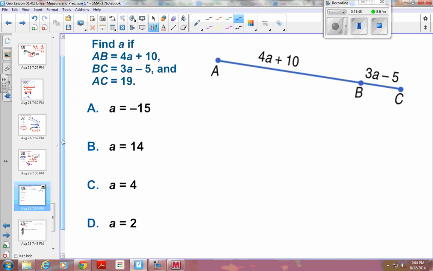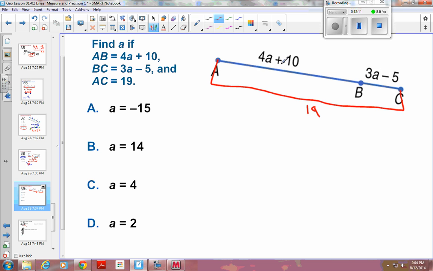Okay, last one. Again, if you can pause this and see if you can get it right, and then come back and check your work and see if you got the right answer. Okay, so the way I would do this one, it says AB is 4A plus 10. A to B is 4A plus 10. B to C is 3A minus 5. And A to C, so this A all the way over to C is 19.